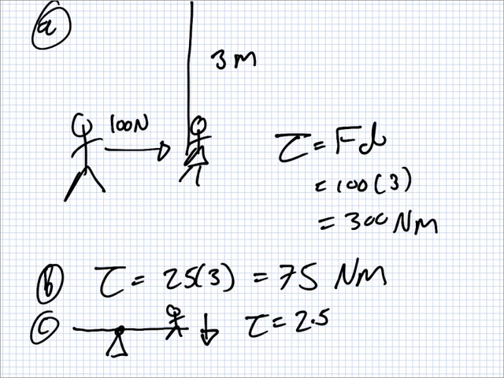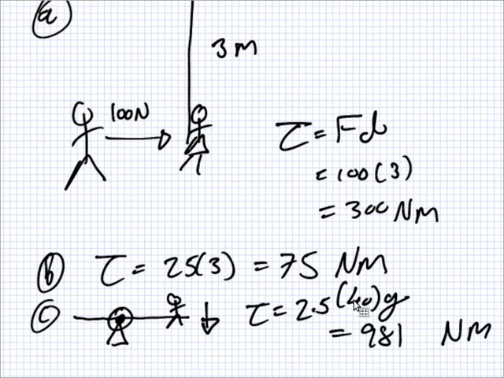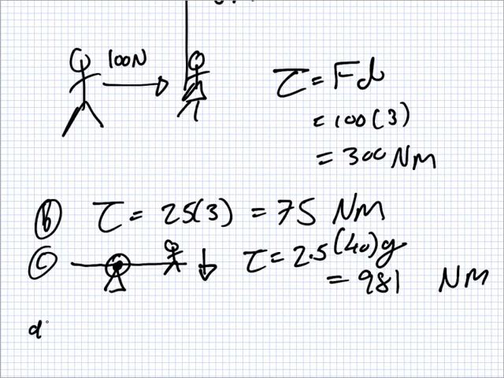So, half of that is what you need for the turn here. And what's her weight? 40 G. So, whatever that is, please. 981.